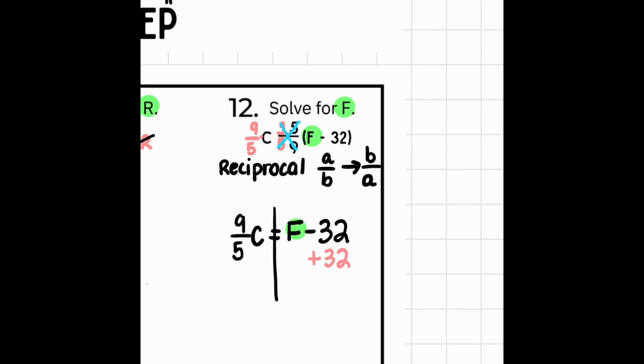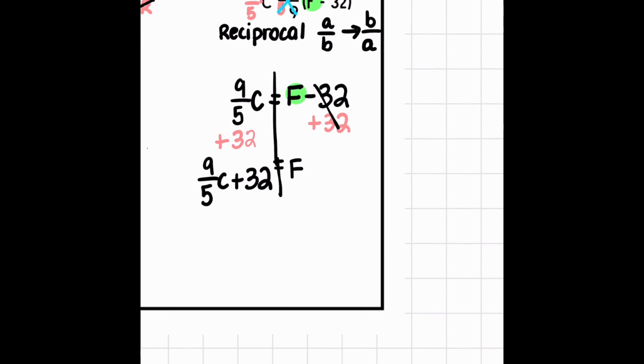So to get rid of minus 32, we're going to add 32. And these are not like terms, so you can't add 9 over 5c and 32 because 9 over 5c is with a variable. They're not like terms. So f equals 9 over 5c plus 32. So the key is the reciprocal. Okay.